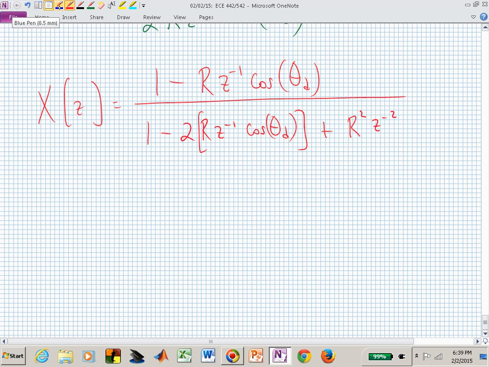And we may not like that in terms of z to the minus 1. We can clear the z to the minus 1's by multiplying by 1, which is z squared over z squared.